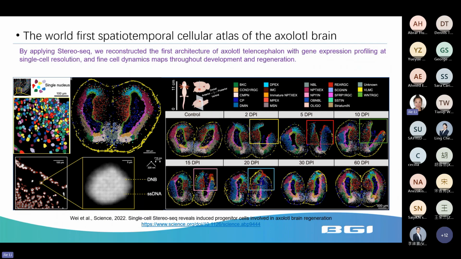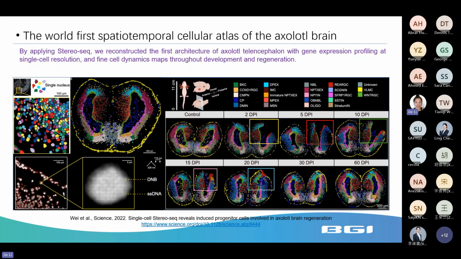It also includes regeneration stages at different days after injury, including the control group, which is juvenile samples, and 2 days, 5 days, 10 days, 15 days, 20 days, 30 days, and 60 days after the injury.